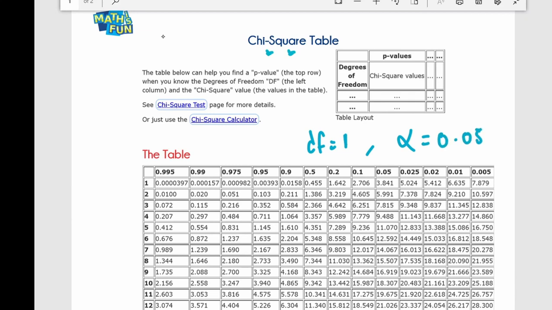This is it here. So the answer is 3.841. That is the critical value under the curve.